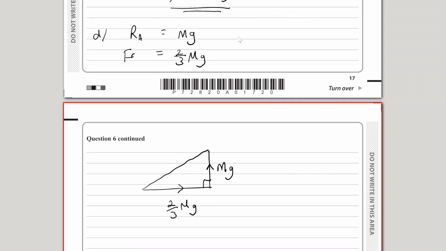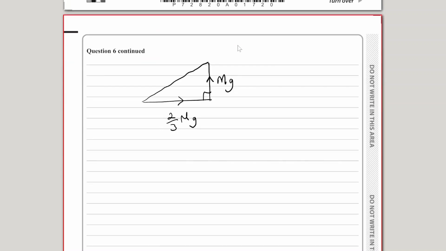So we can use Pythagoras. We can say a squared plus b squared equals c squared. So 2/3 mg squared plus mg squared equals the resultant force squared.